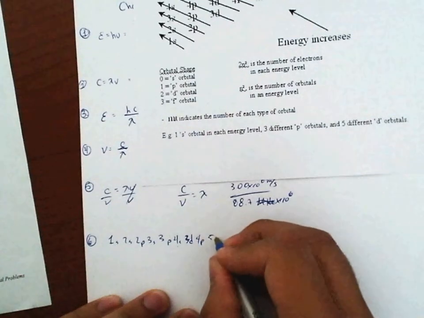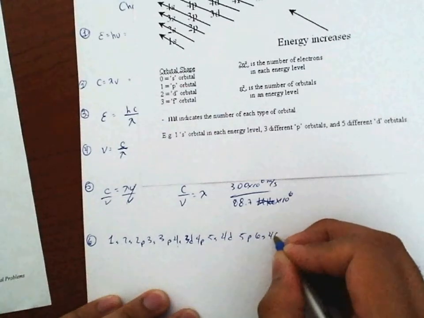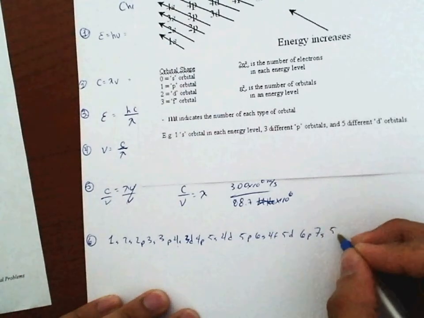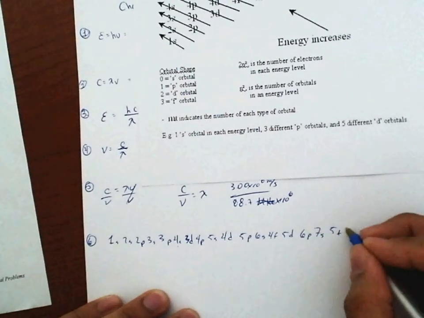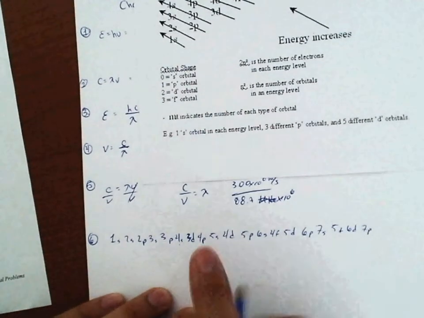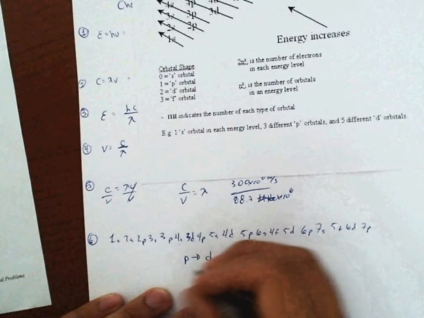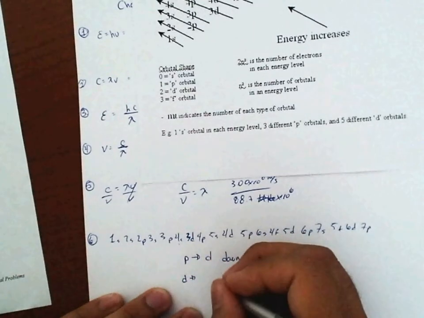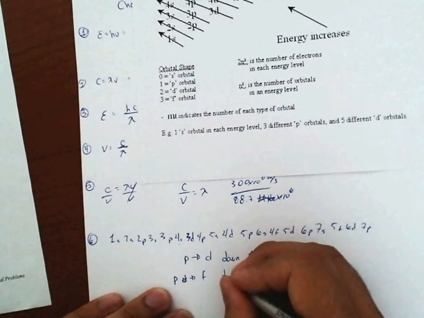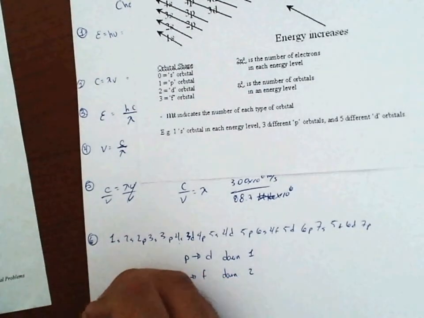Then you're going to put 4p, 5s, 4d, 5p, 6s, 4f, 5d, 6p, 7s, 5f, 6d, 7p. You might notice that when you go from p to d, you go down one, and when you go from p to f, you can go down 2. That's just a little hint.